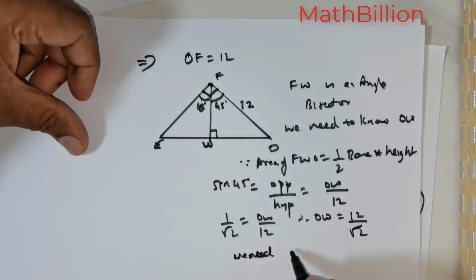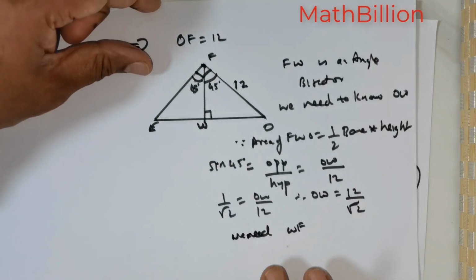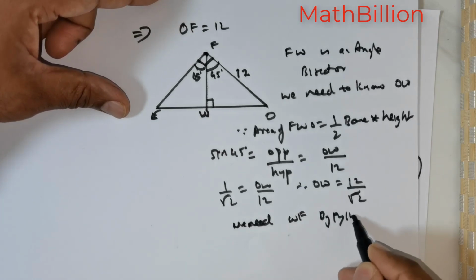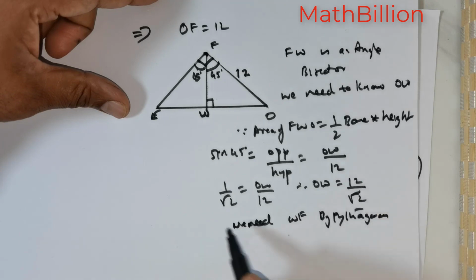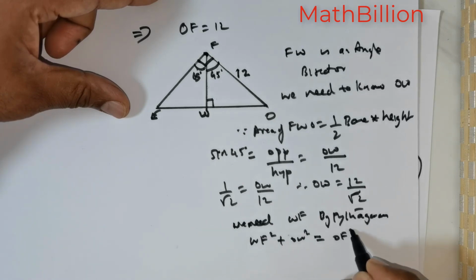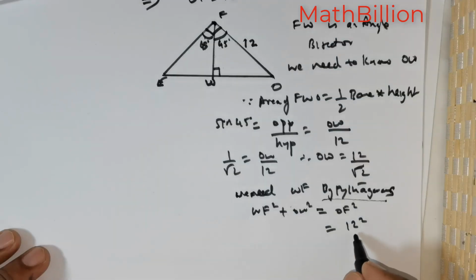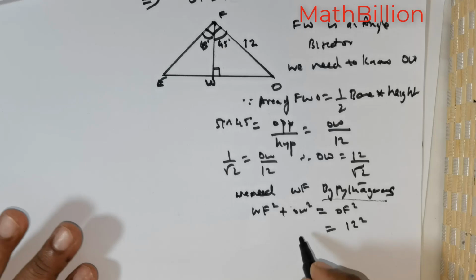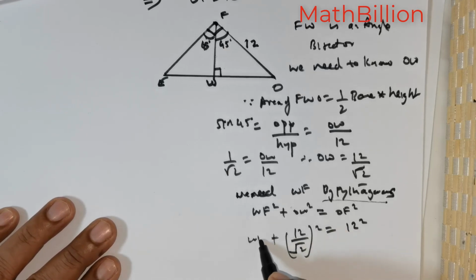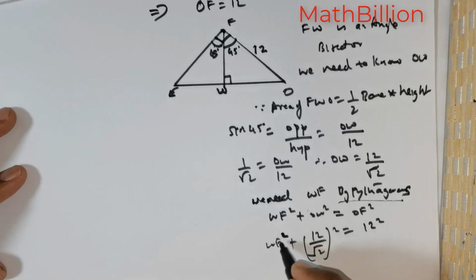We need WF. So by Pythagoras, WF squared plus OW squared is equal to OF squared. OF is 12, so this is going to be 12 squared, OW is 12 over root 2 squared, plus WF squared.